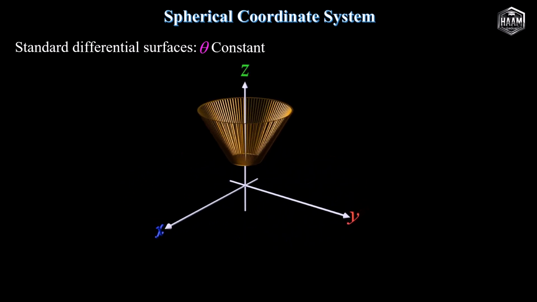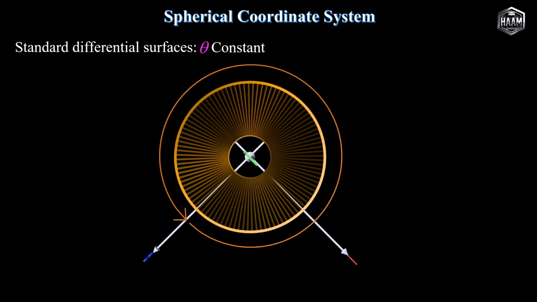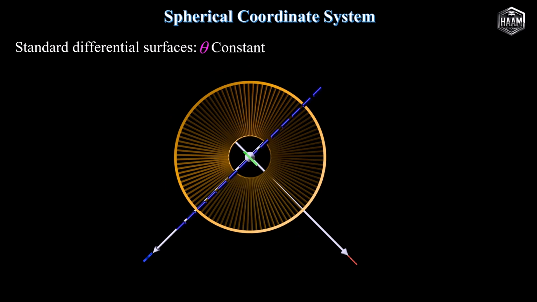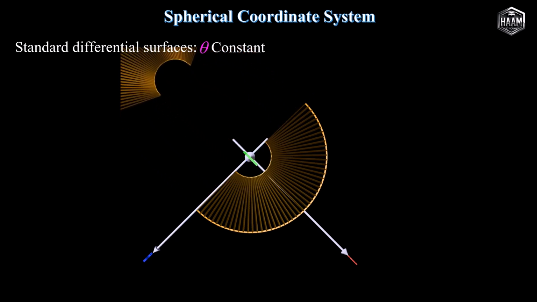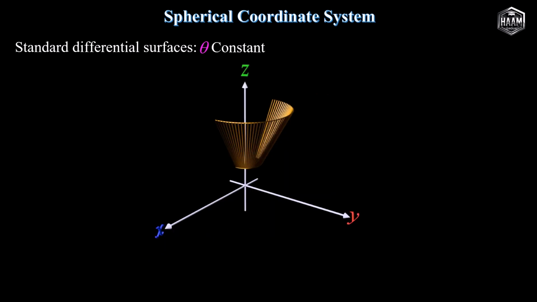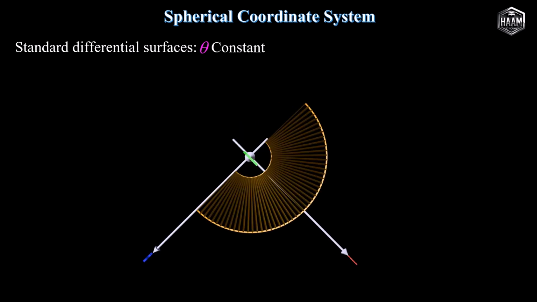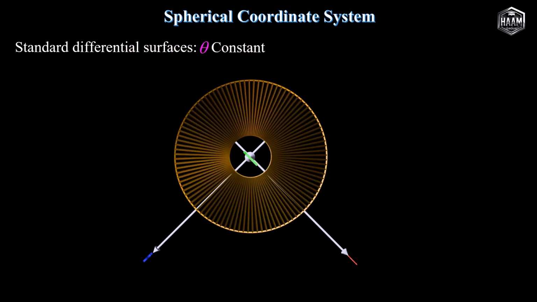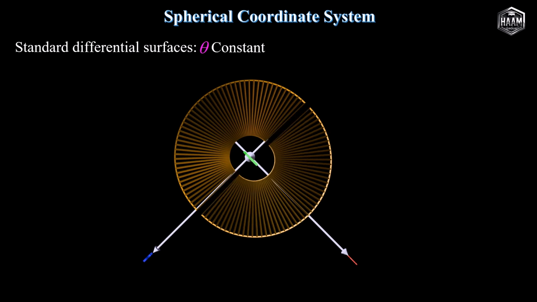Looking at this from above, you can see that in this case phi ranged from 0 to 2 times pi. Suppose we make a cut in it. If we kept the right hand half, phi here ranged from 0 to pi, and we got a half cone surface. Now we chose the left hand half instead.